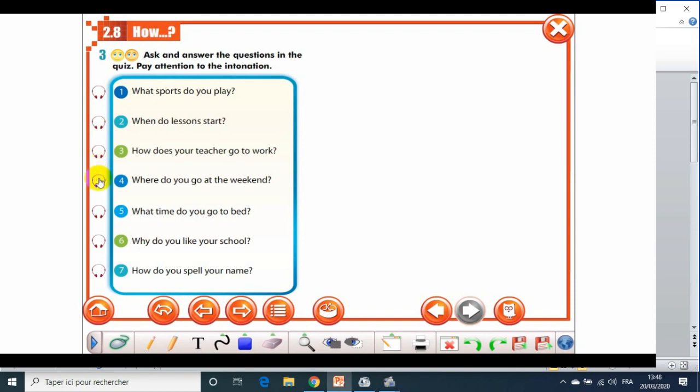Alright. Number 4. You see here how questions are answered. We have here question and answer. Where do you go at the weekend? I go to the park and the cinema at the weekend. What time do you go to bed? I go to bed at 10 o'clock.